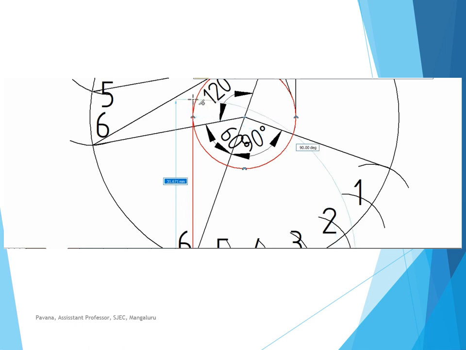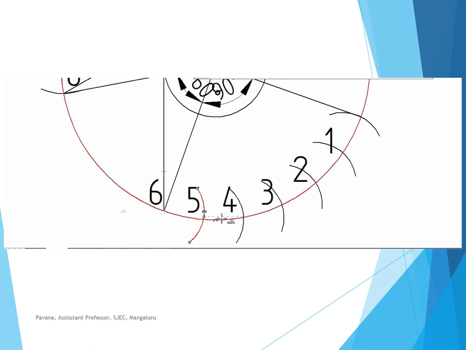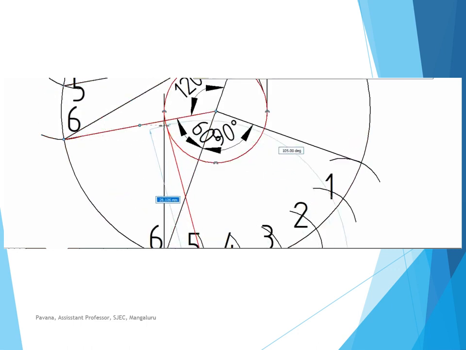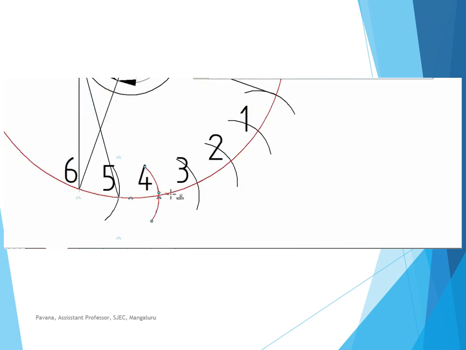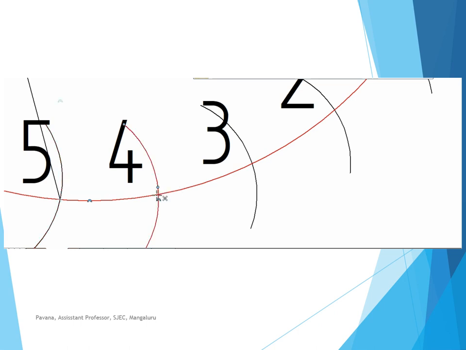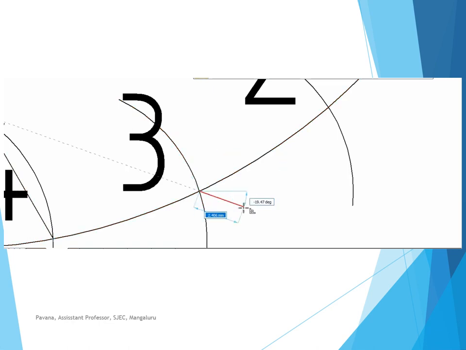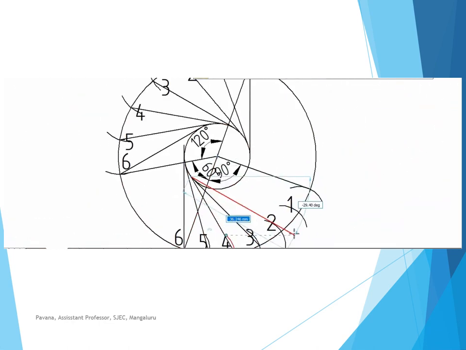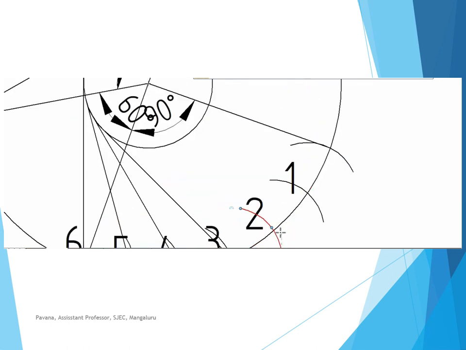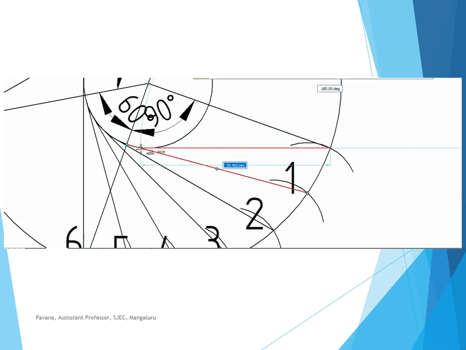So 6, 5, 4, 3, 2, 1, last 0. End at 0. Don't stop at 1 always. You have to reach till the last point, the 0 point.